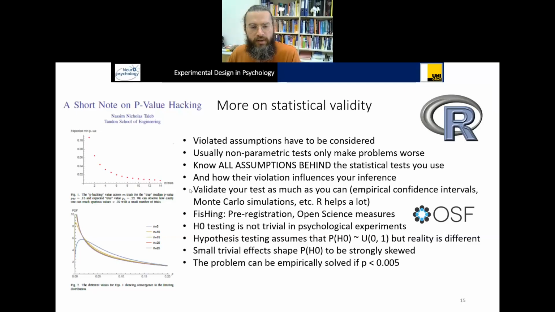And you should also invest time in validating your statistical conclusions as much as you can, by means of calculation of empirical confidence intervals, with bootstrapping, for example, or if you are more refined, using mathematical Monte Carlo simulations and so on. All this belongs to the modern use of statistics.